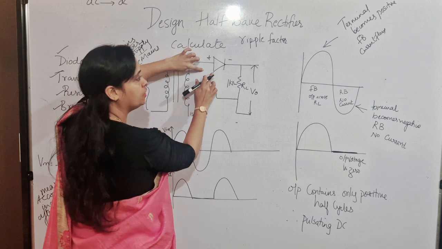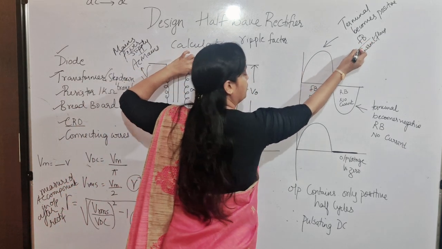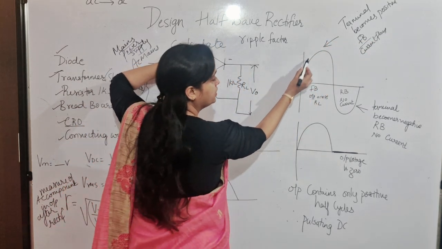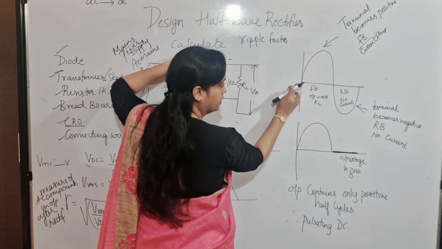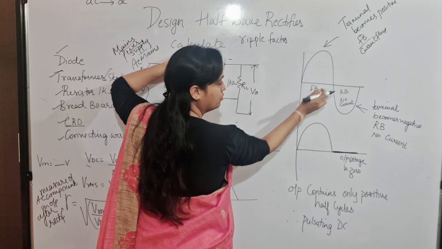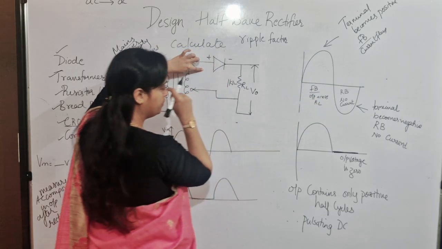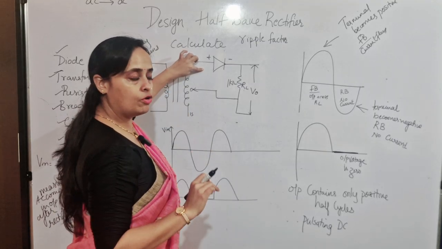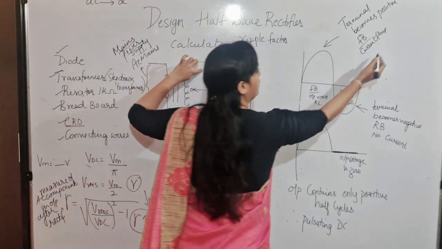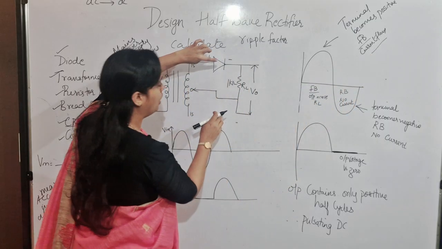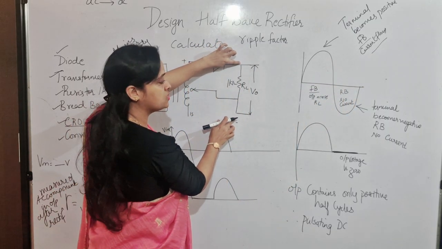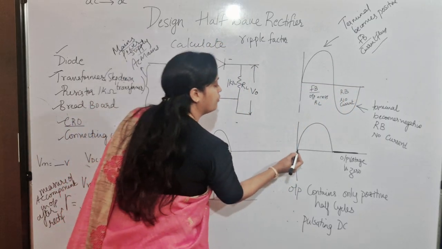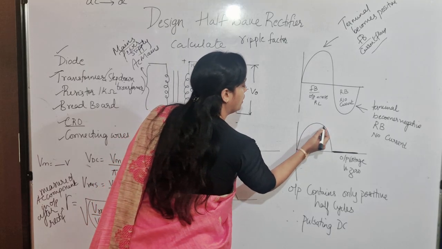So what biasing will it become? Forward bias. That is, during this positive input cycle, it is going to operate in which condition? Forward bias condition. As we all know, during forward bias condition, current will flow. So the output can be measured across load resistor. Therefore, we will get the output current flow.